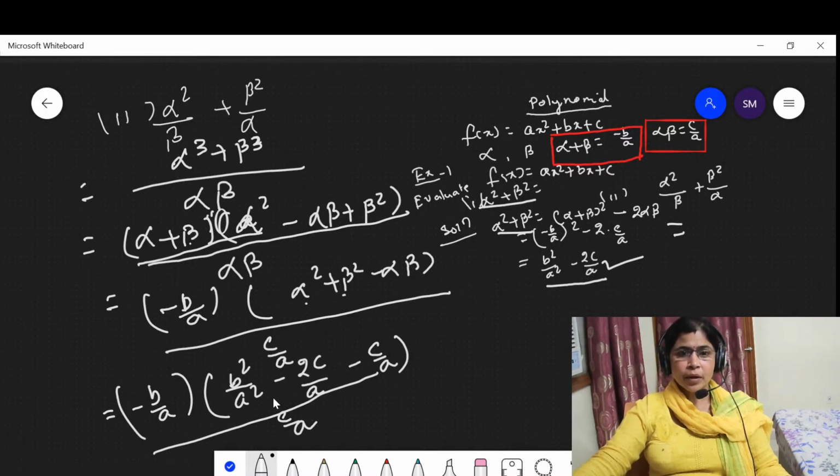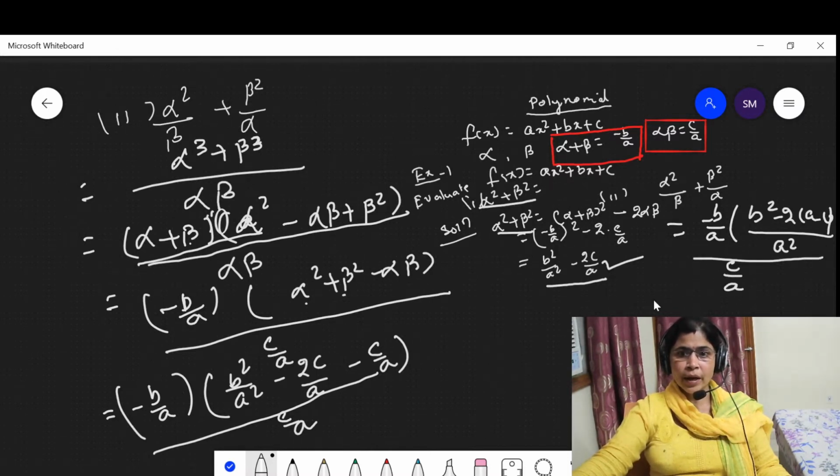Then write this, taking a square as the LCM here: minus b upon a, and in the bracket a square is the LCM, this is b square minus 2ca minus ca upon c upon a. Then this is equal to minus b upon a into b square minus 3ca, and c upon a cancels, this is a square.